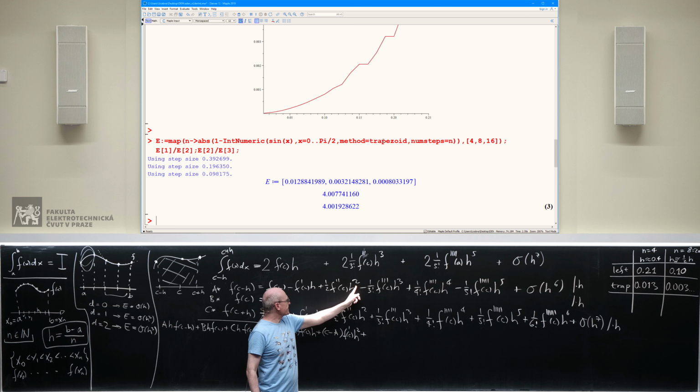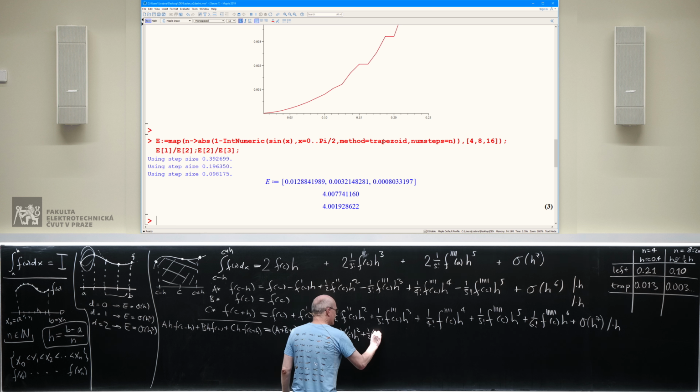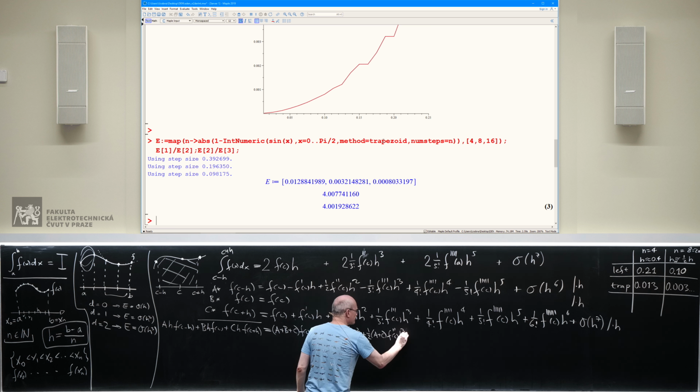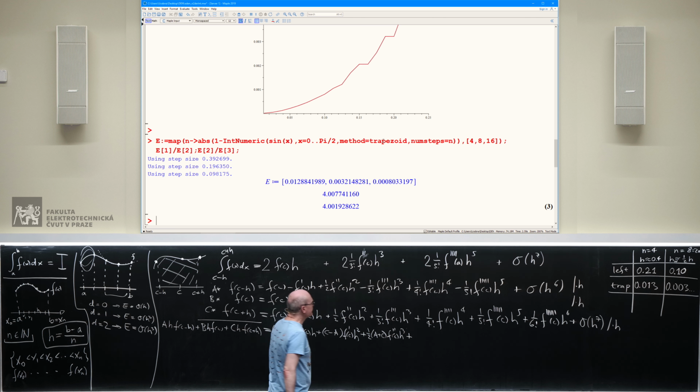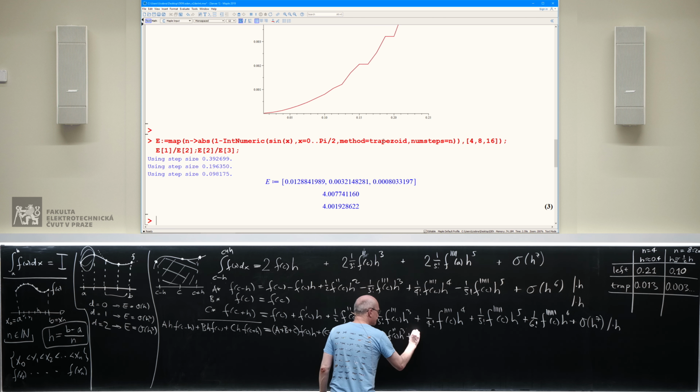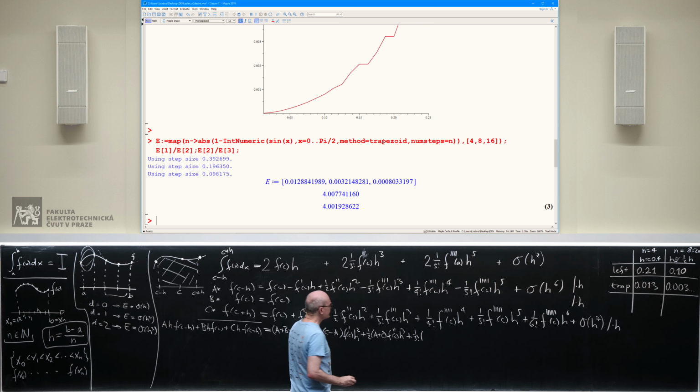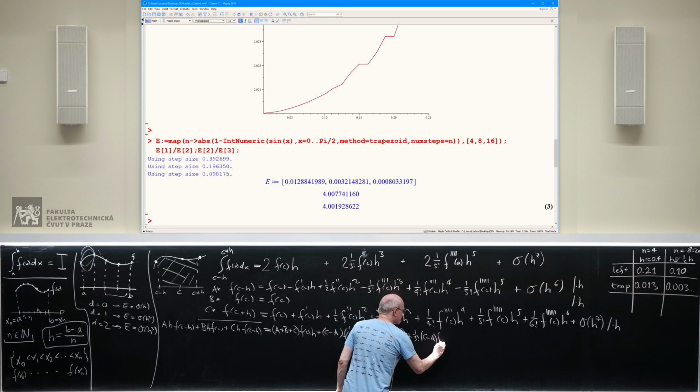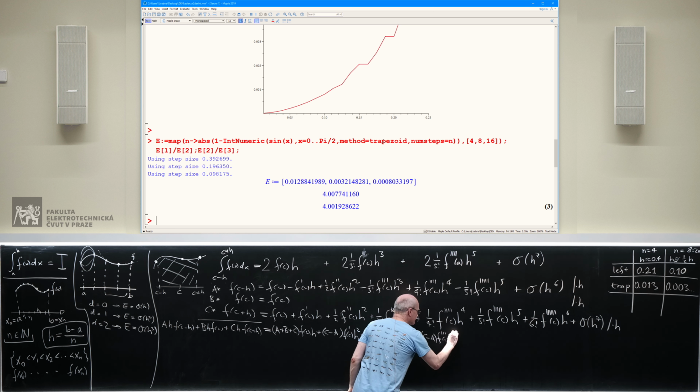I increase the power of h, factor out 1/2, and this time I'm summing up. So it's 1/2 (A plus C), second derivative times h cubed. Okay. Here I'm subtracting, factoring out 1 over 3 factorial, so it will be C minus A, the third derivative, h to the power 4.